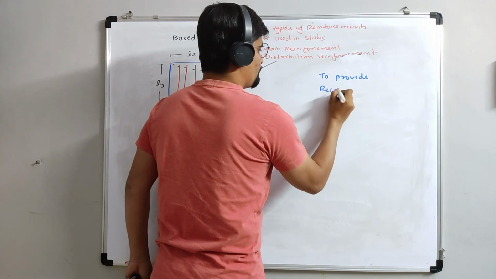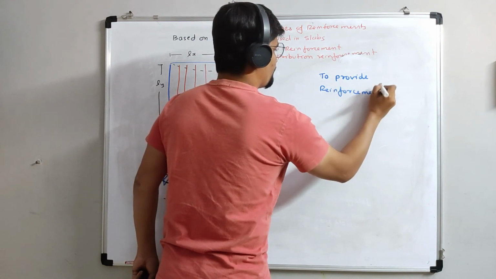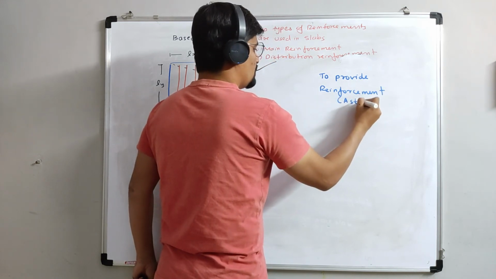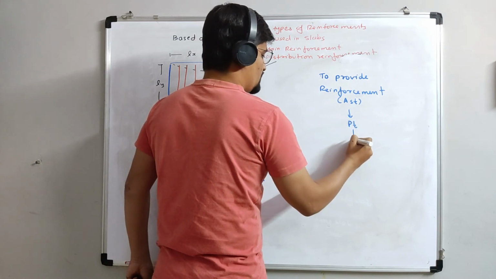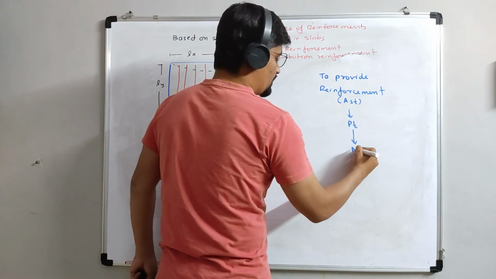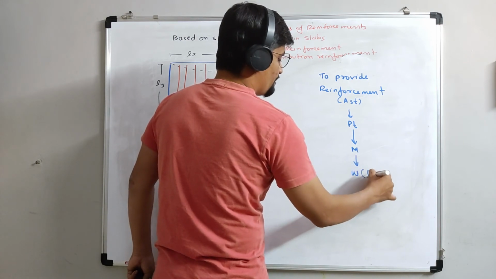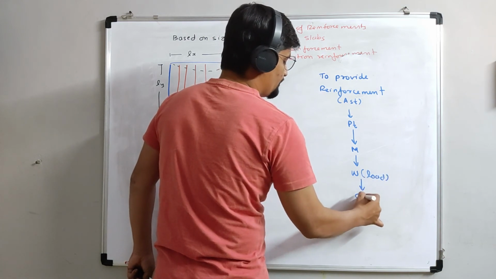For reinforcement, meaning AST, we need PT, and for PT we need moment. For moment we need load, and for load we need size.